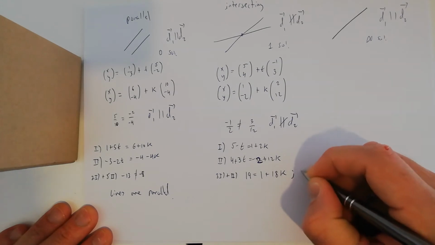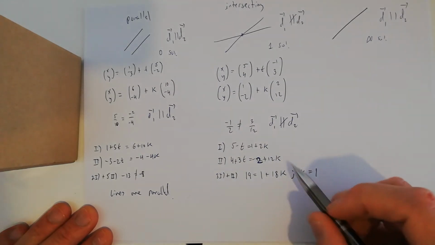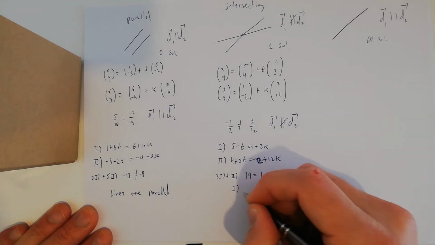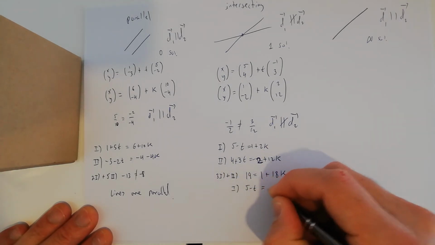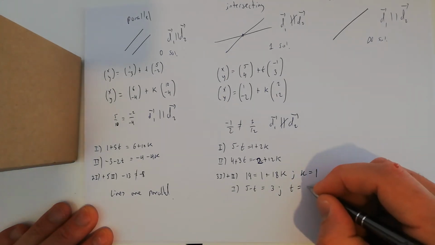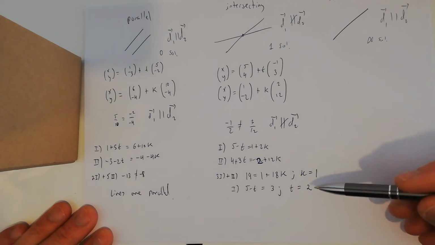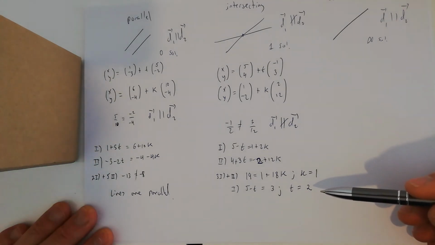From here we can see that k is 1. Using that value in equation 1, it's 5 minus t equals 3, and therefore t is 2. So the system has a unique solution, which means that the lines intersect at a point.